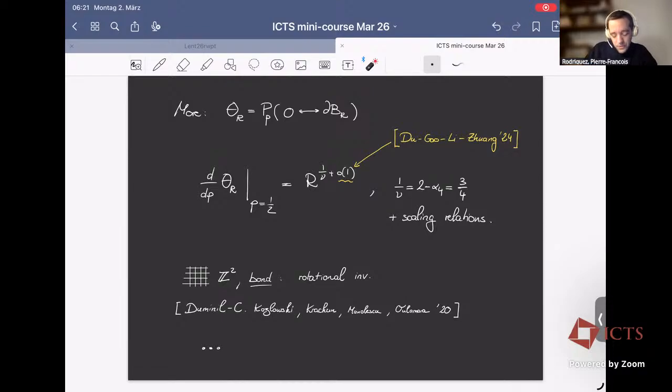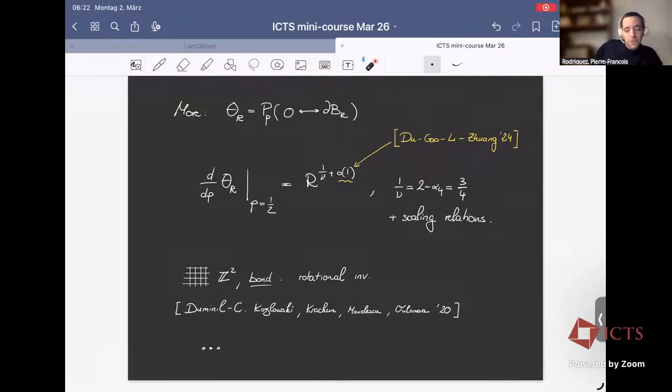And so there, the results are not quite as advanced yet. So for instance, the theorem I showed you, we don't know how to prove it, and the problem is the third ingredient. So we don't know how to prove conformal invariance, but there's partial progress. For instance, this reference that I mentioned, which shows rotational invariance.